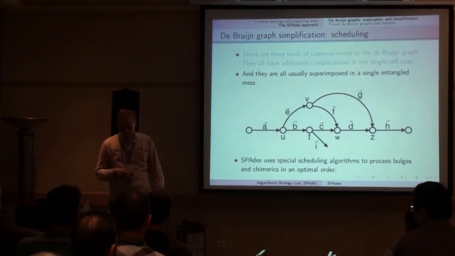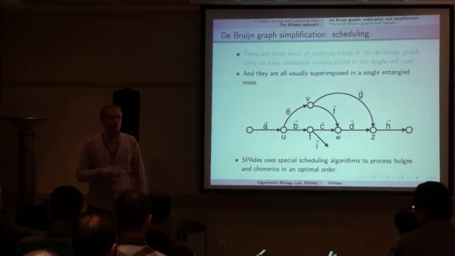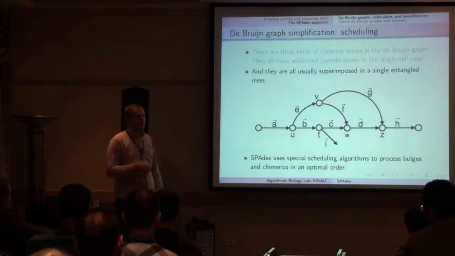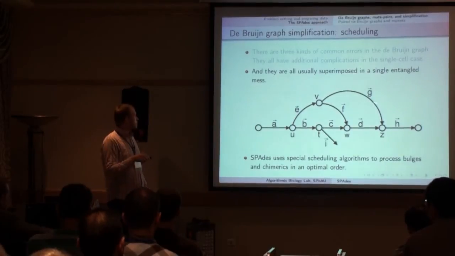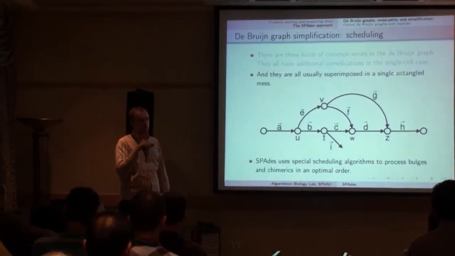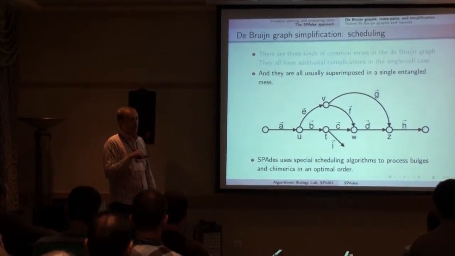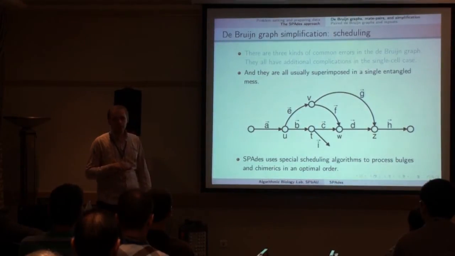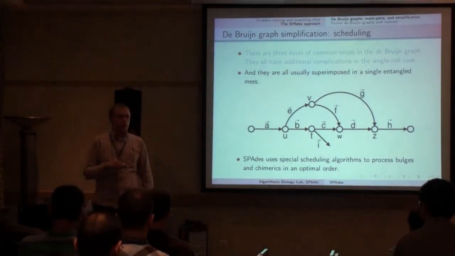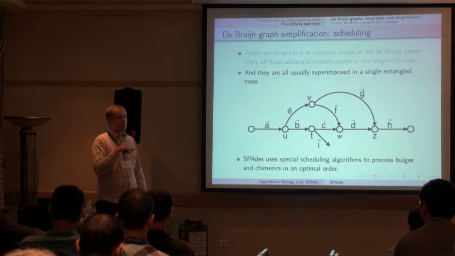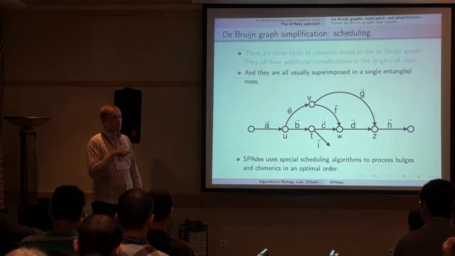And what is even more important is not how you solve every single local problem, but how you find these local problems in this whole global entangled mess. And to that end, SPAdes uses special scheduling algorithms, which are also a novelty, that attempt to find the correct order in which to handle these common situations.